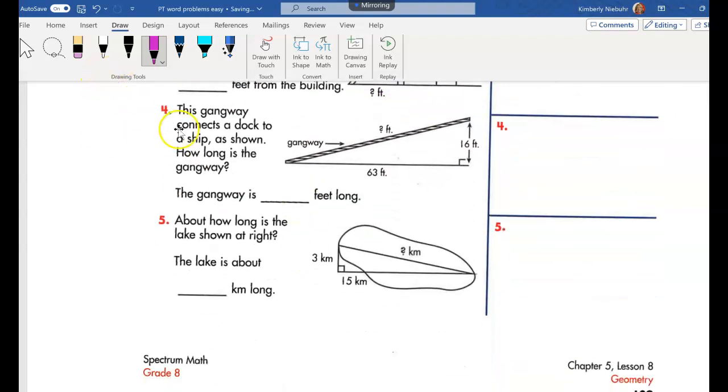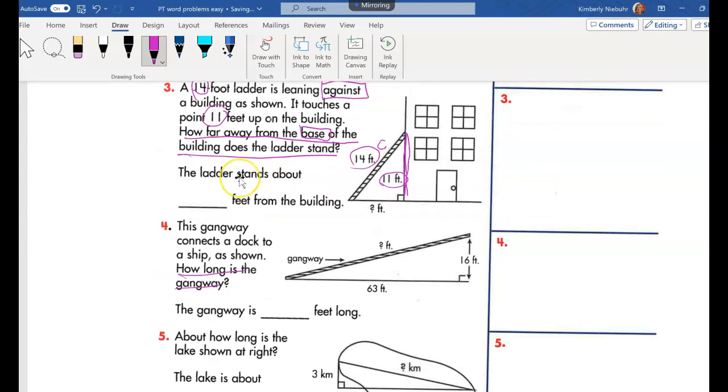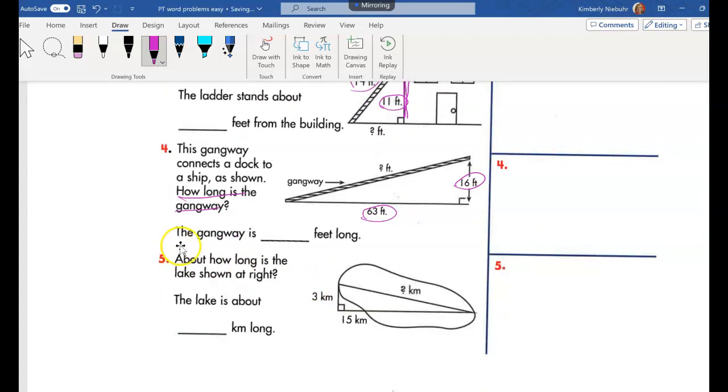Number 4, this gangway connects a dock to a ship as shown. How long is the gangway? There are no numbers here, but there are numbers here, and they've already drawn the picture for us, so we don't have to draw the picture. Yay! The gangway is blank feet long.